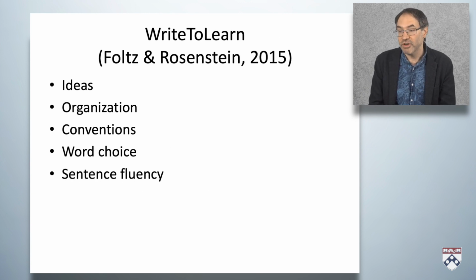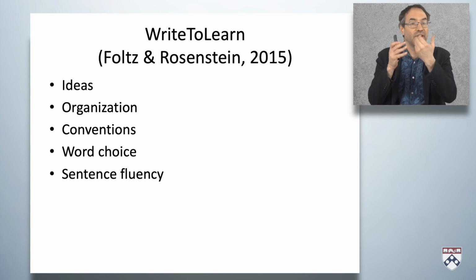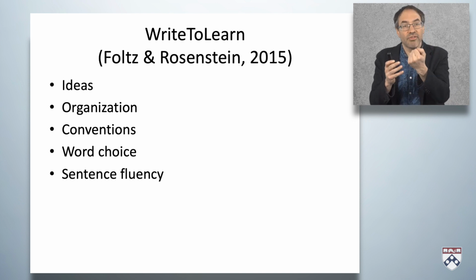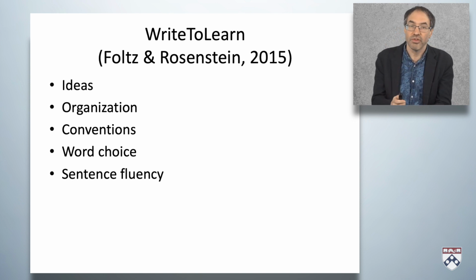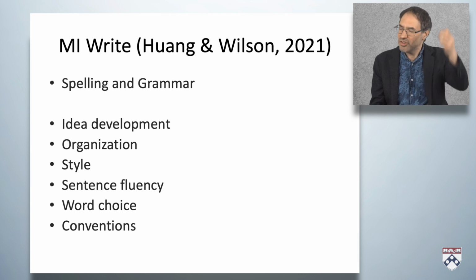Foltz and Rosenstein from the E-Rater team developed Write to Learn, which looked at trying to assess and then give support on development of ideas, organization, conventions, word choice, and sentence fluency. The later version of Perlman's tool, MyWrite, looked at spelling and grammar, idea development, organization, style, sentence fluency, word choice, and conventions.